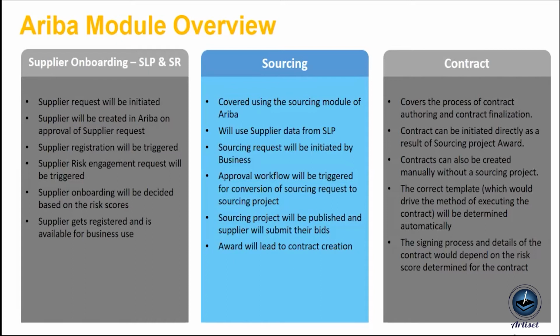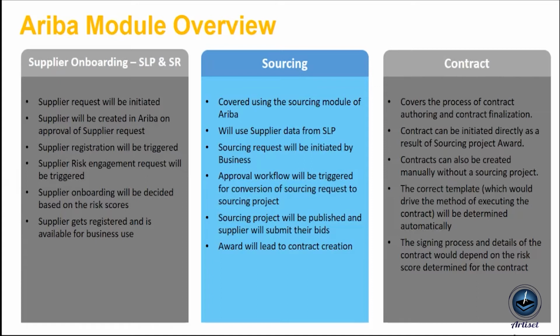Once we award the supplier, the next step is creating a contract. We can also directly create a purchase request, but if we foresee that we have to have the supplier for the long run, it is advisable to create a contract. The contract can be initiated directly after the sourcing project is awarded, or it can be created manually.